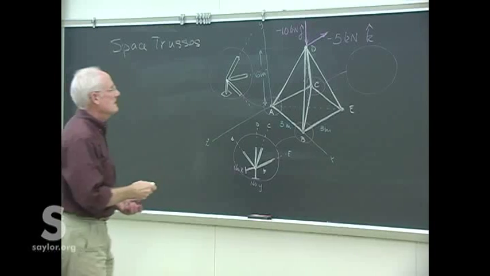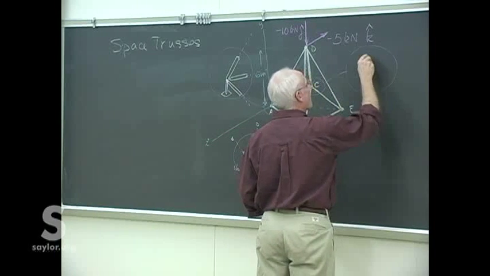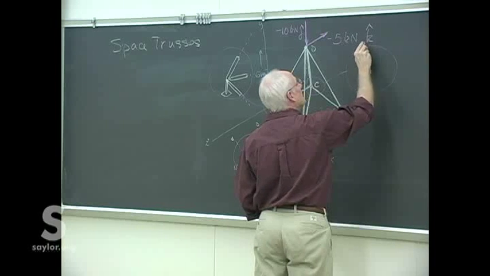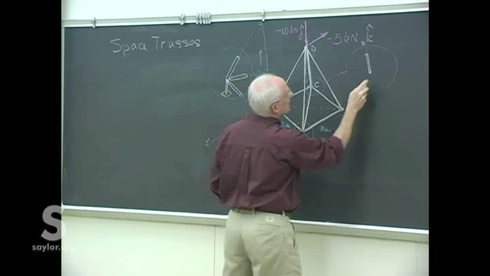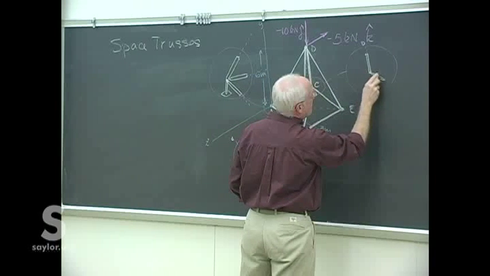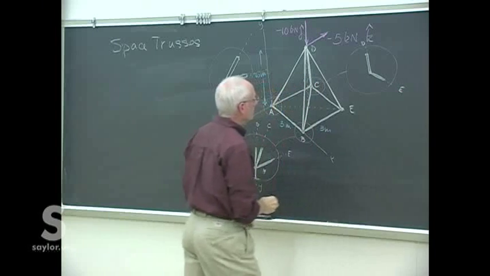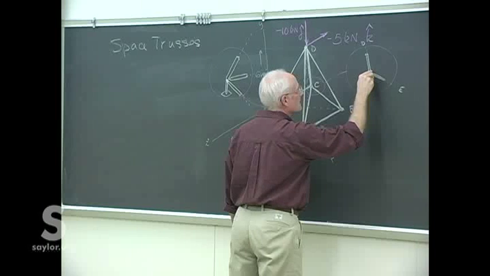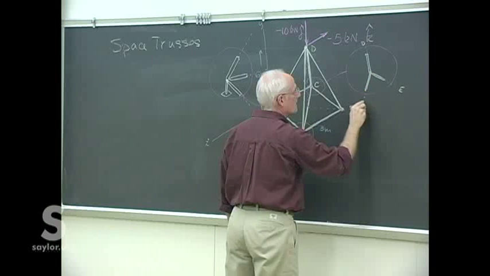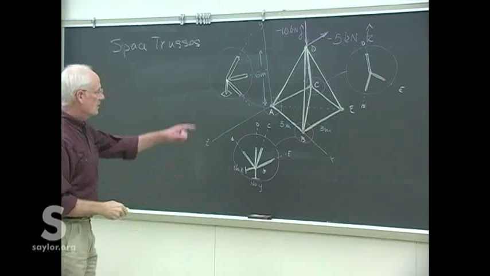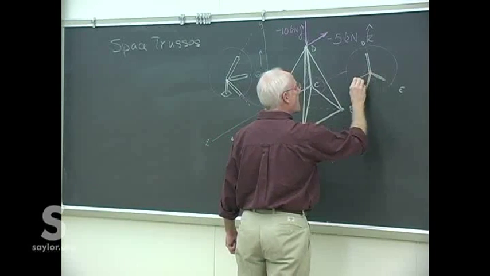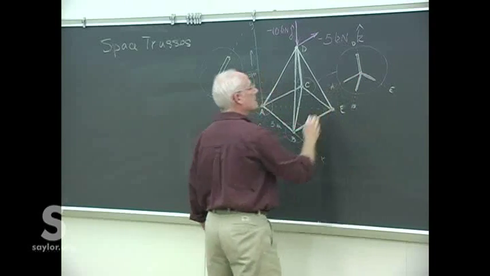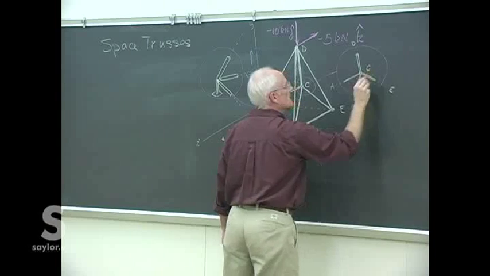So the joint at C has the member coming down from D, member going out to E, member coming across to B, and then the one going over to A. And that's joint C there.